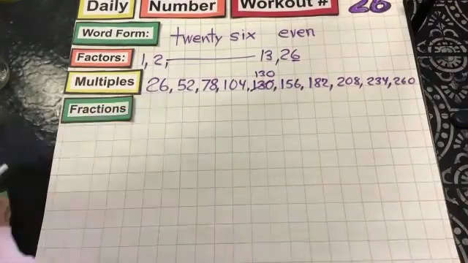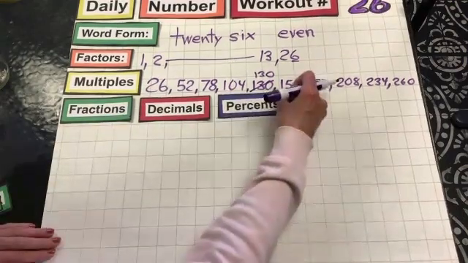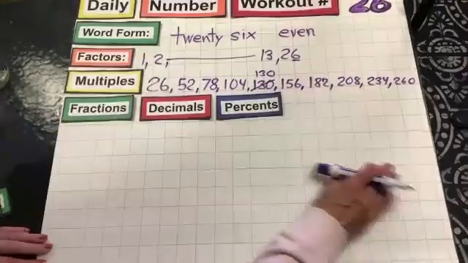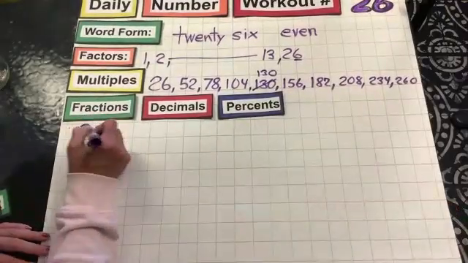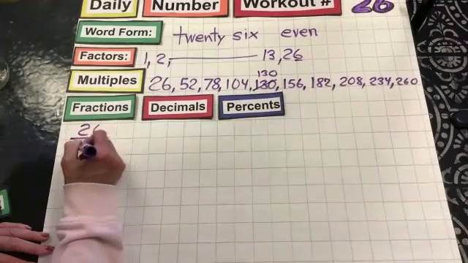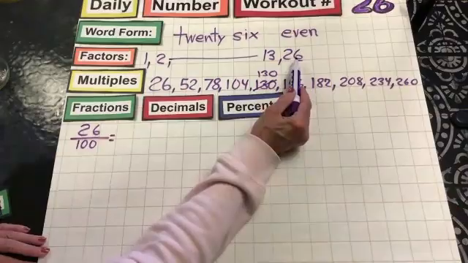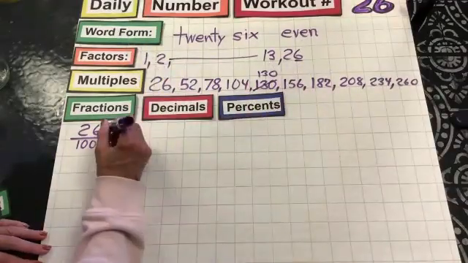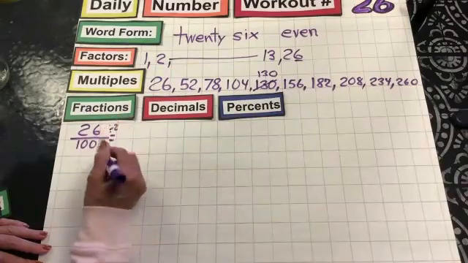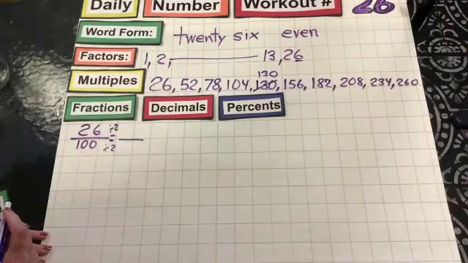So let's go for our fractions, decimals, and percents. Again, we're just playing with numbers in many different mathematical ways. So we're talking 26 over 100. And 26 doesn't go into 100 evenly. 13 clearly wouldn't, but 2 does. So we're going to divide the top number by 2, and we're going to divide the bottom number by 2 to get an equivalent fraction.